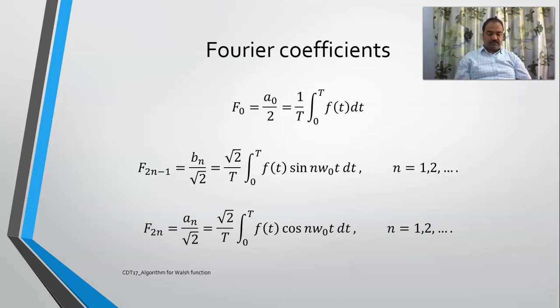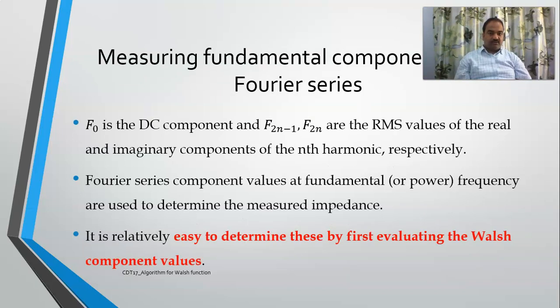Now, these are the Fourier coefficients which you have got, and how to measure the fundamental component using Fourier series. As already said, your Fourier series will be having terms like this, right?